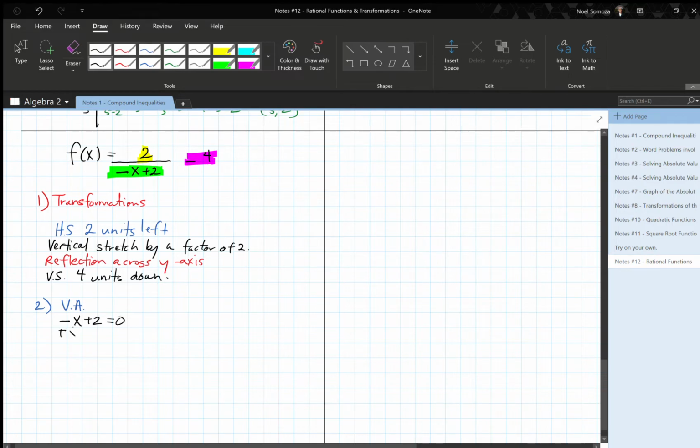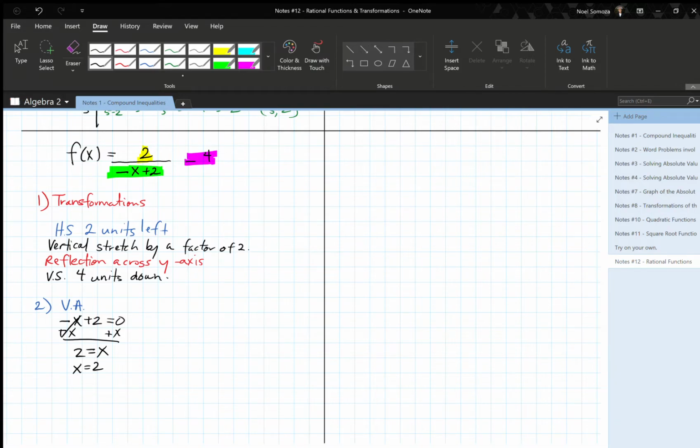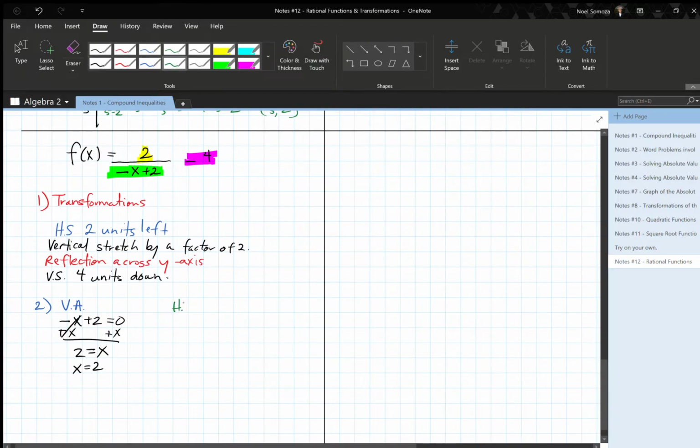If I add x to both sides, to save myself a step, I get 2 equals x, which is the same thing as x equals 2. So that tells me I have a vertical asymptote at x equals 2. And if I look for a horizontal asymptote, then I just look for k. k in this case is negative 4, so y is equal to negative 4.